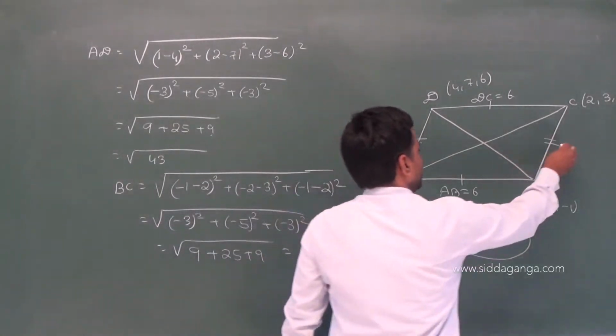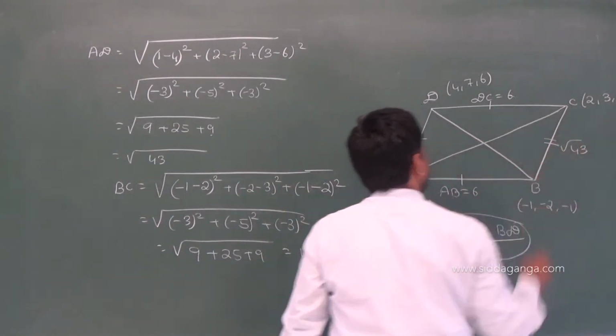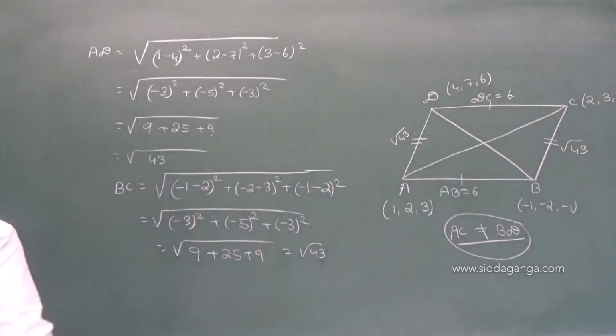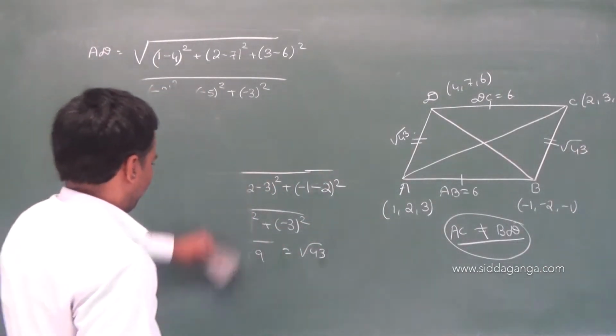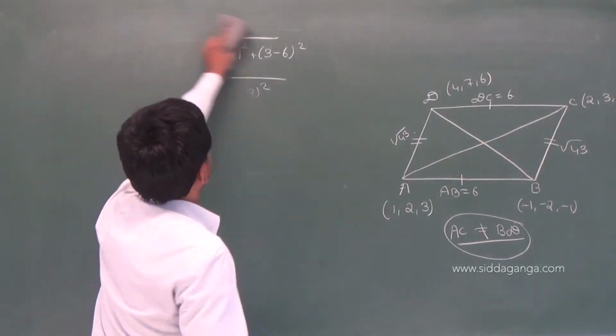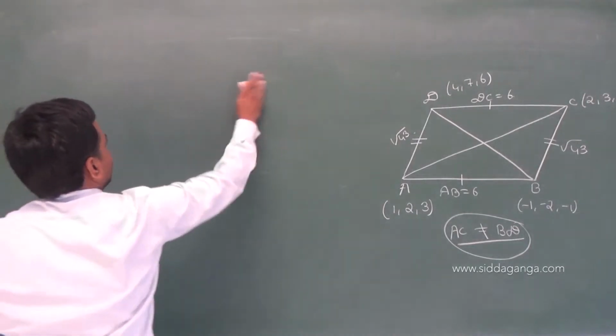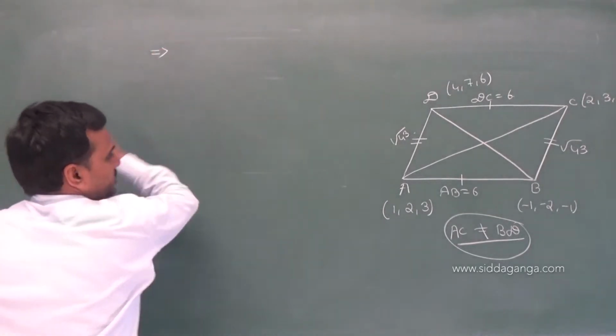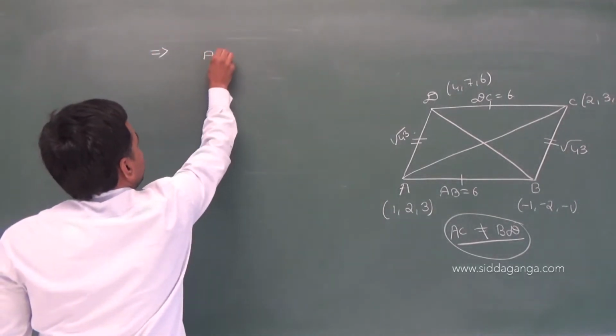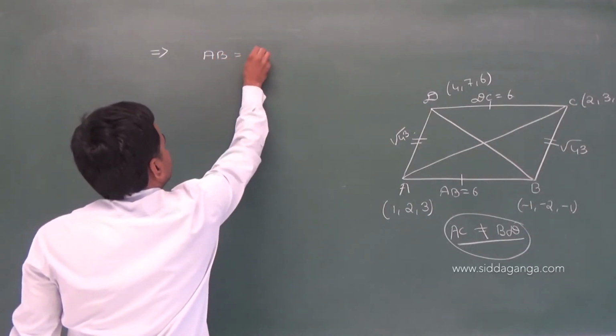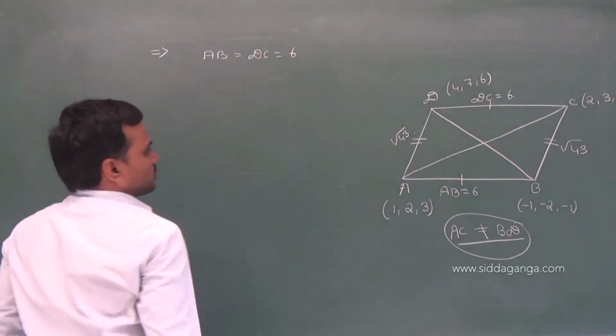And then what is the conclusion? Observe carefully. Opposite sides are equal. Yes, the conclusion: AB is equal to DC is equal to 6, first one, opposite sides.